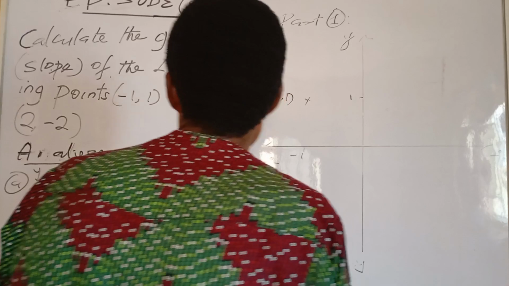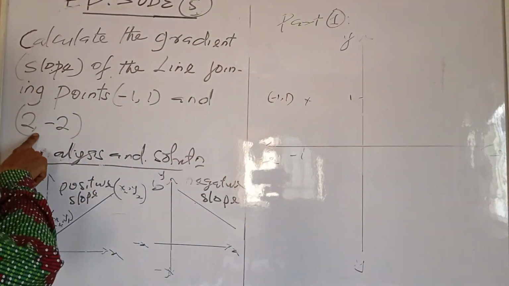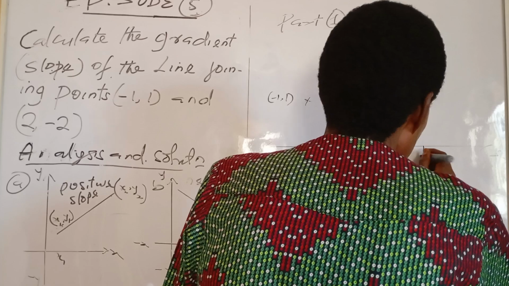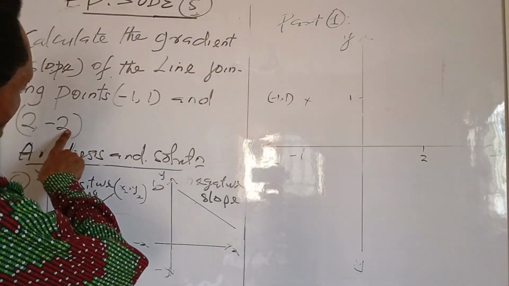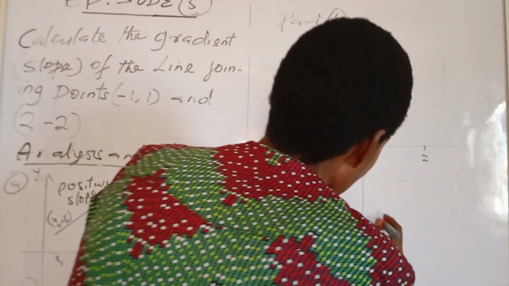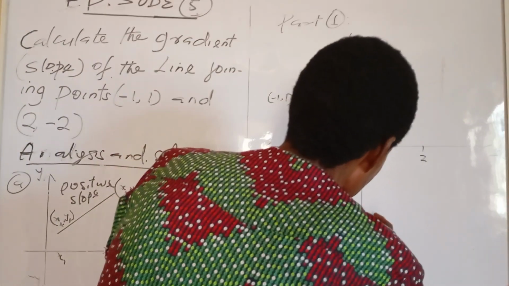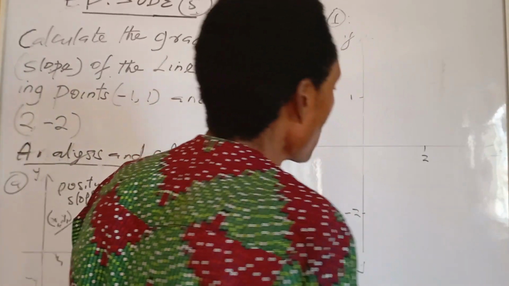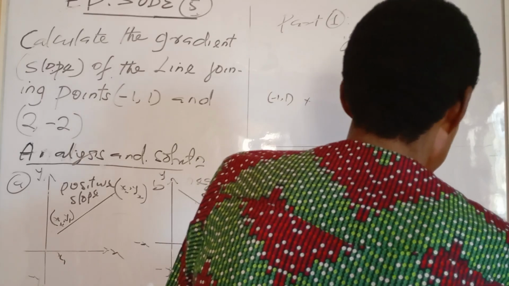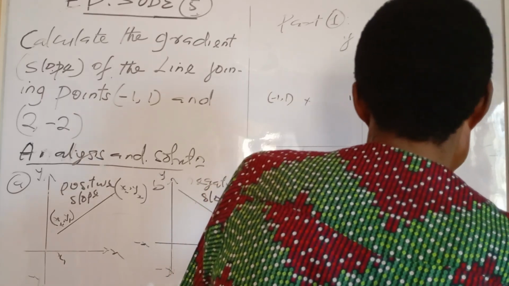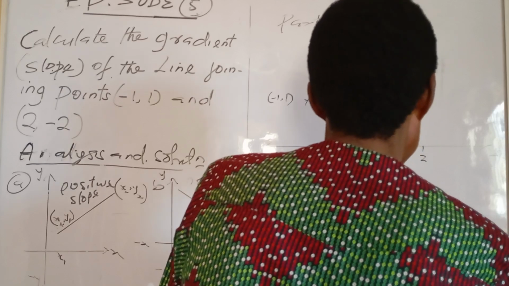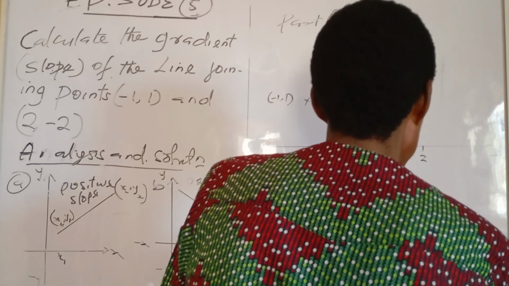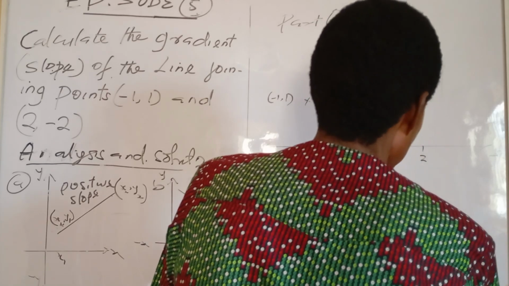Then also, this is 2, the positive 2 for x, and this is negative 2 for y. Here is the negative y. Then trace it up to this place. Let's assume that this is the meeting point.